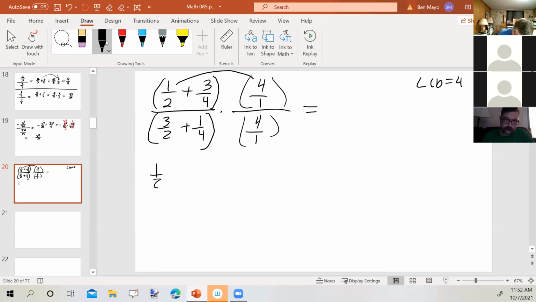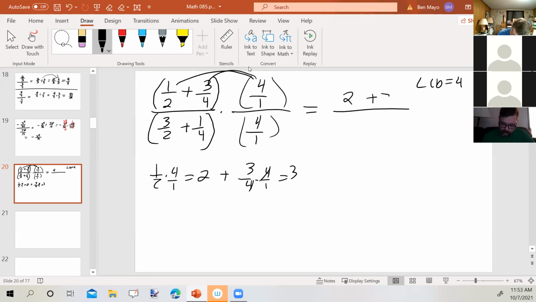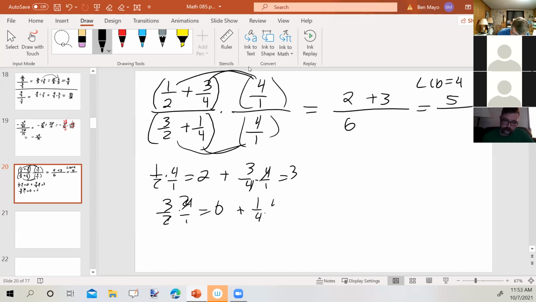1/2 times 4 is 2, plus 3/4 times 4 over 1 is 3, which is 5. In the denominator, 3/2 times 4 is 6, plus 1/4 times 4 over 1 is 1.